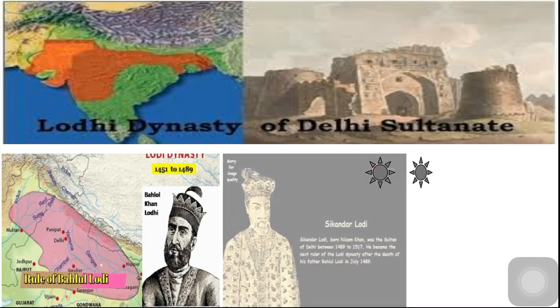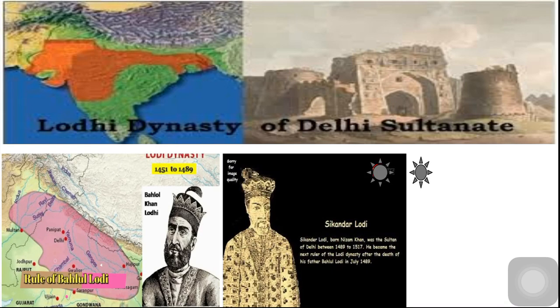Behlul Lodhi died in 1489, as I showed you in the timeline in the previous slide, and was succeeded by his son Sikandar Lodhi. Sikandar Lodhi, as described by his court historians, was believed to be the wisest, most hardworking, dedicated, and far-sighted sultan to sit on the throne of Delhi.